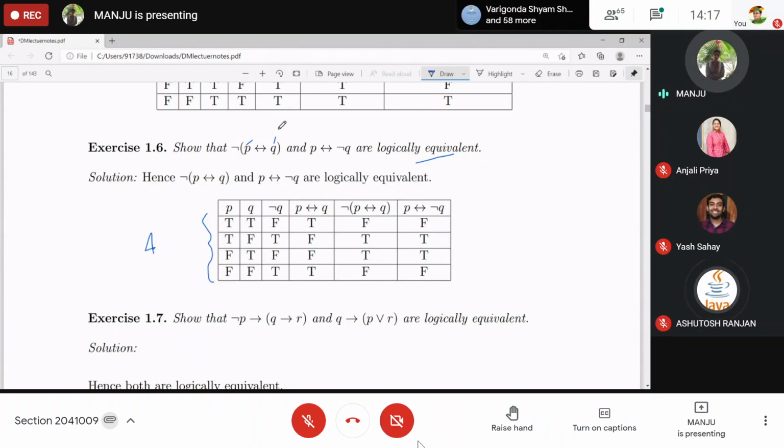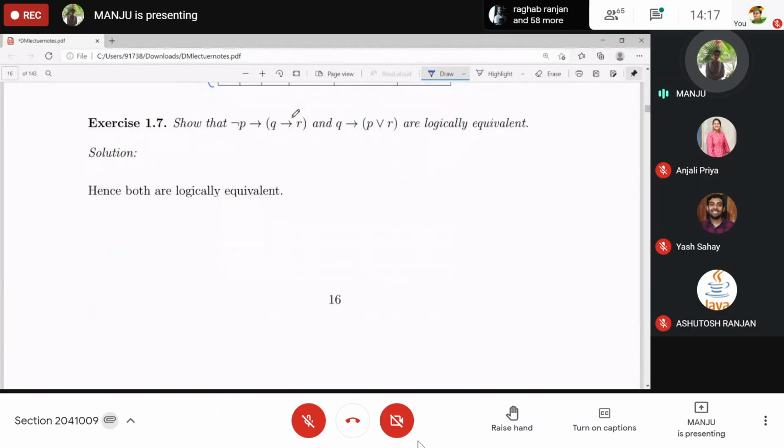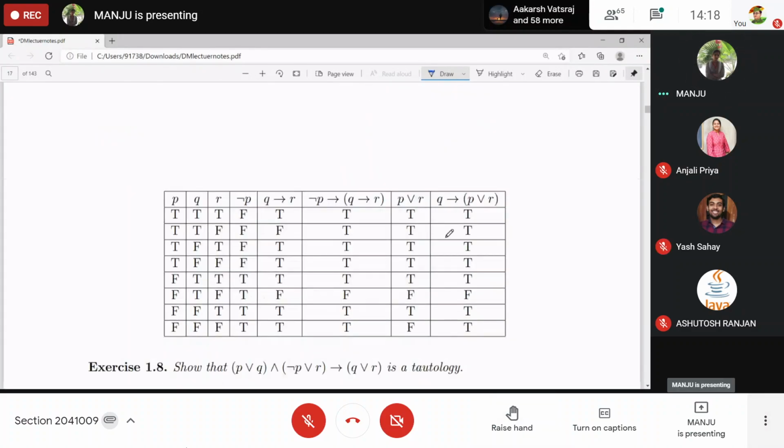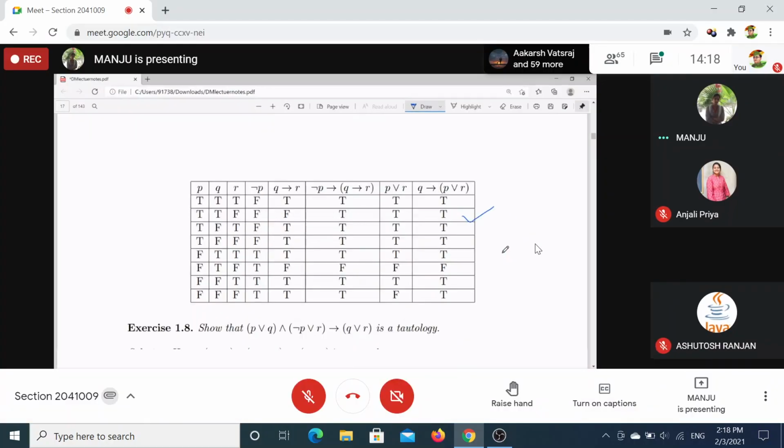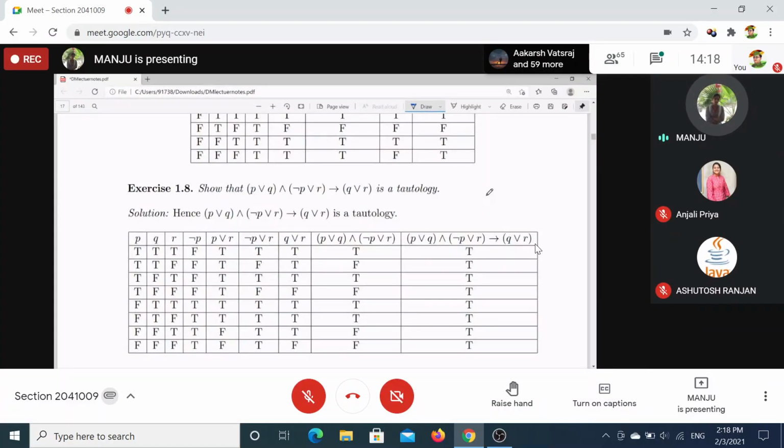If only one main statement, 2, that is 2 raised to power 1. If P and Q are there, 2 raised to power 2. If P, Q, R are 3 main statements, 2 raised to power 3, 8. Okay? And whenever n, 2 to the power n. Okay? Yes, ma'am.